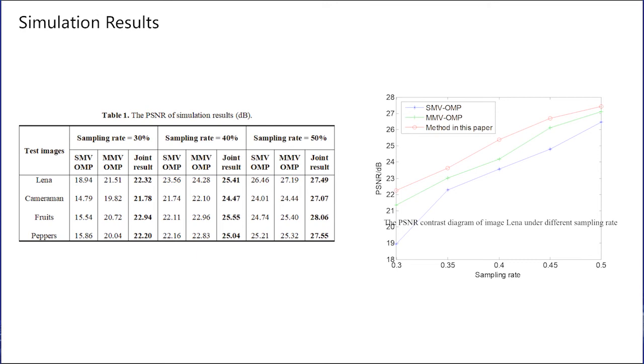It can be seen that the joint reconstruction image in this method provides higher PSNR than the images reconstructed by the other two algorithms under the same sampling rate, and the performance of this method does not show large fluctuations.